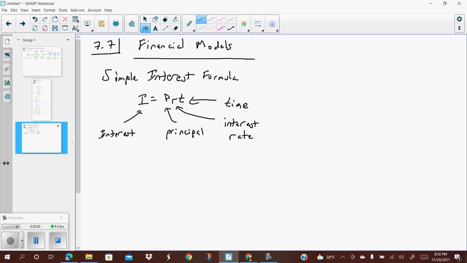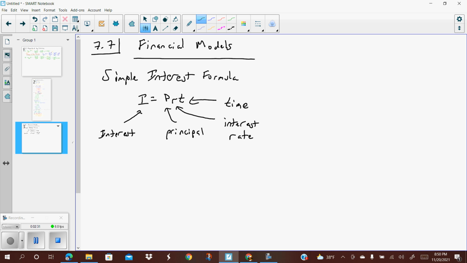If I say that it's going to be something where the time is daily, that means 365 times per year. If I say that it's going to be monthly, it's 12 times per year. Quarterly, 4 times per year. Semi-annually, basically twice per year, and then annually is once per year. A little bit of vocabulary there just to make sure that you're okay with that.